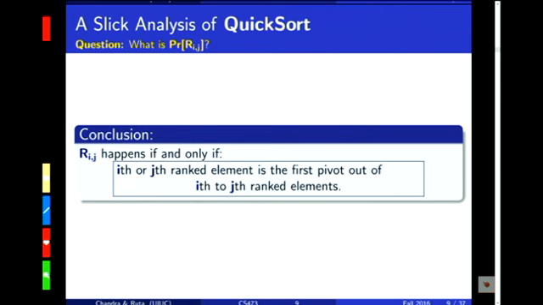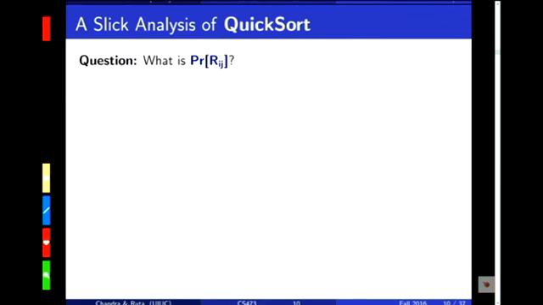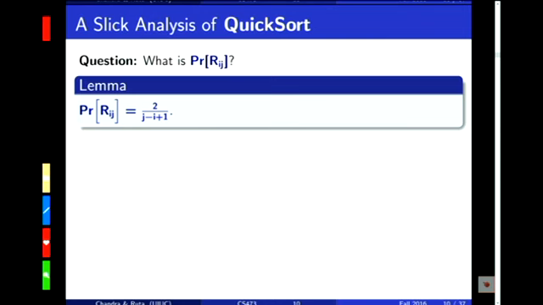So the first pivot I pick out of the elements between i and j has to be i or j. Let me repeat this. I'm going to prove that this gives a probability of R_ij of 2 over j minus i plus 1.